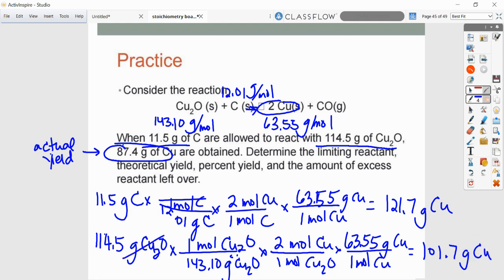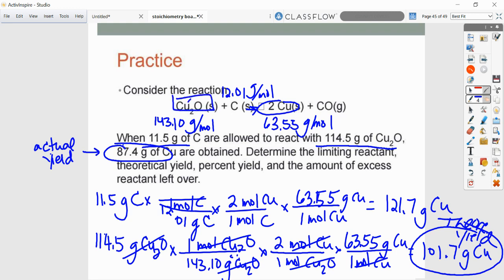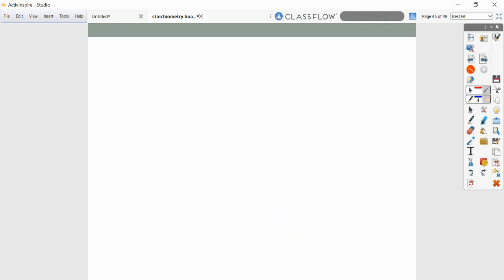Again, use your units, including the chemical formulas, so that you make sure you are doing it correctly. So 101.7, that's our theoretical yield. Our limiting reactant is the copper oxide, which means that the carbon is in excess.